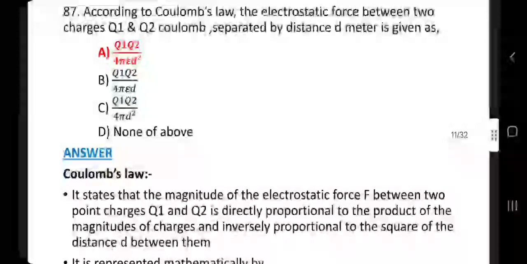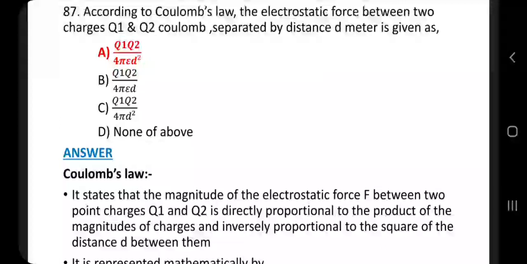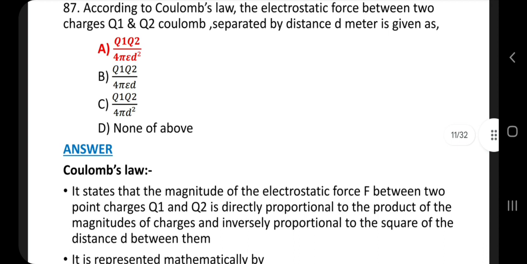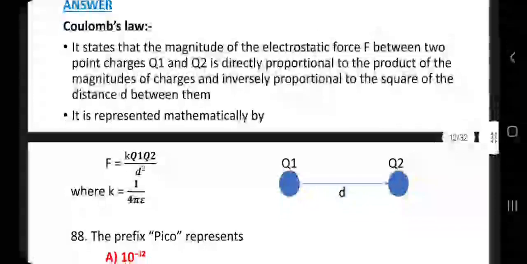Question number 87. According to Coulomb's law, the electrostatic force between two charges Q1 and Q2 coulomb separated by a distance d meter is given as. Answer is option A, Q1 Q2 divided by 4 pi epsilon d square. Just look, what is Coulomb's law?